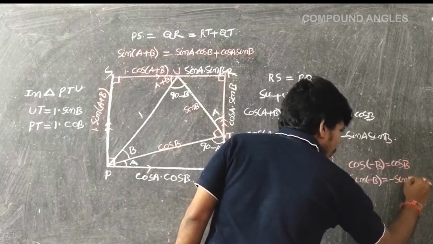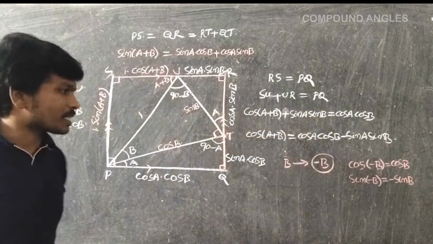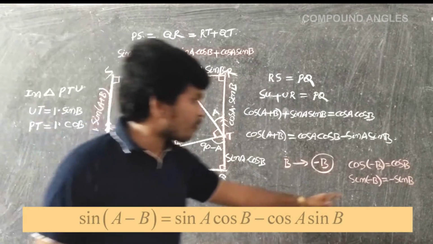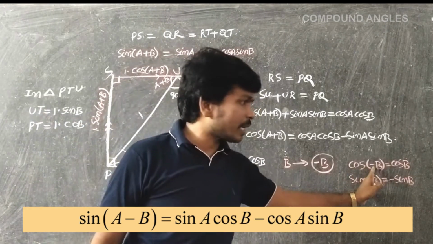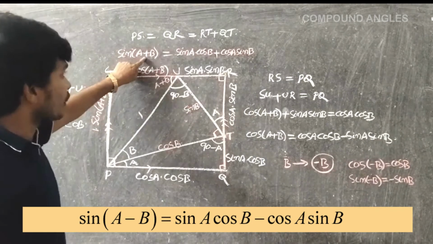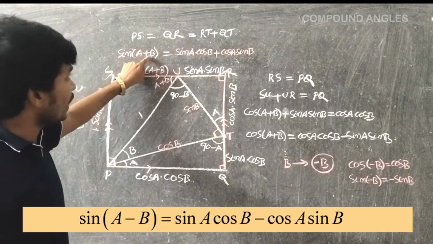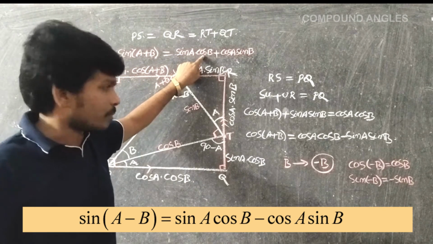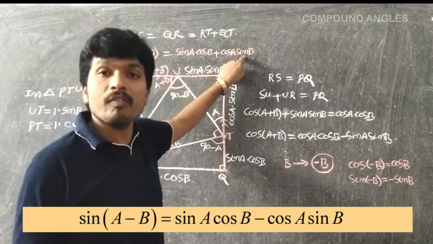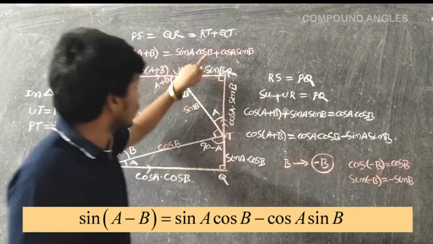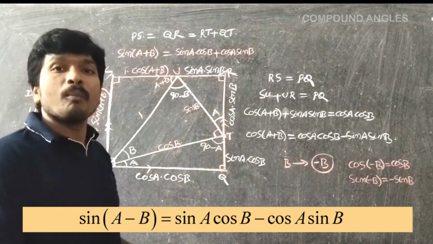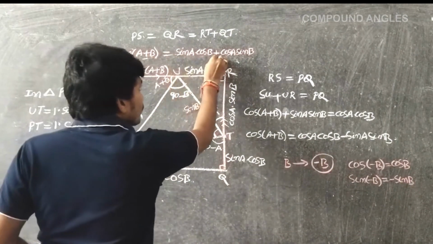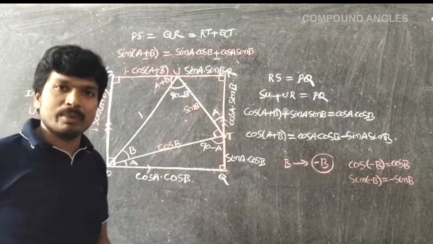Yes, minus sin B. So sin of A minus B is equal to sin A cos of minus B, which is cos B, plus cos A sin of minus B, which is minus sin B. So here you will get a minus symbol. So sin of A minus B is equal to sin A cos B minus cos A sin B.